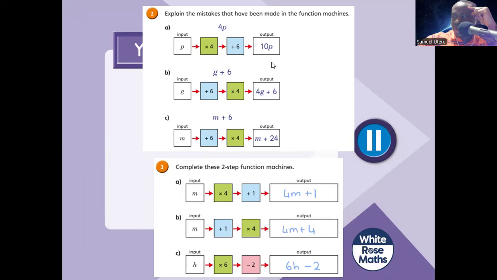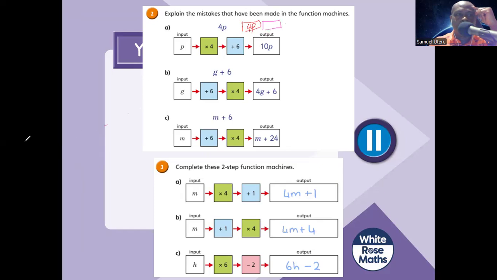Now remember what we've learned about the bar model. We don't know the value of p. We really don't know the value of p. So actually, if we were to write this using the bar model, this would look like this. So we have a bar that is 4p, and we have another bar, let's use this color, that is 10p.